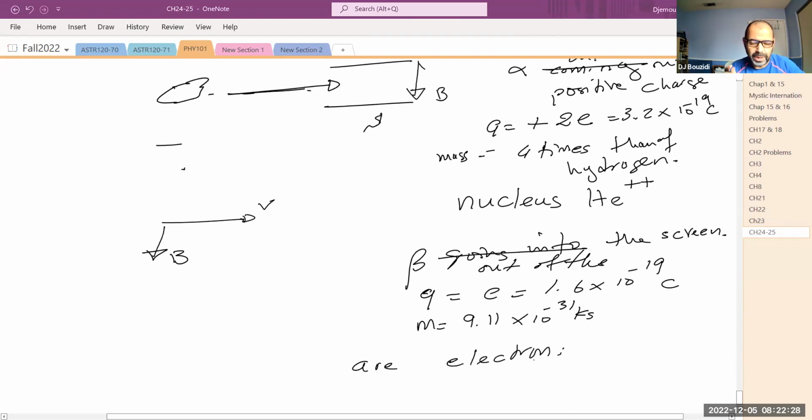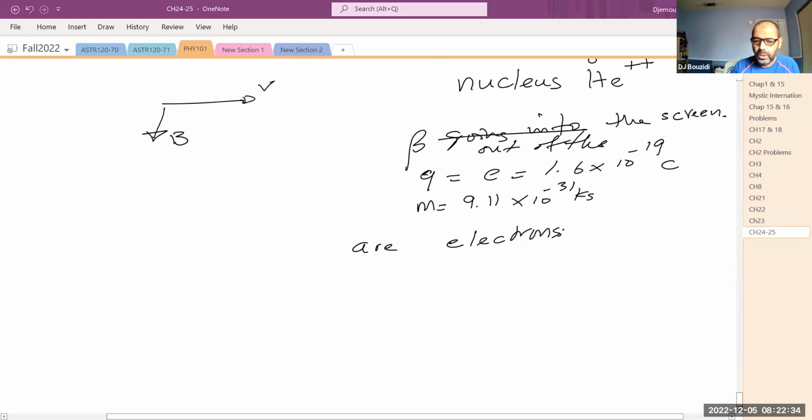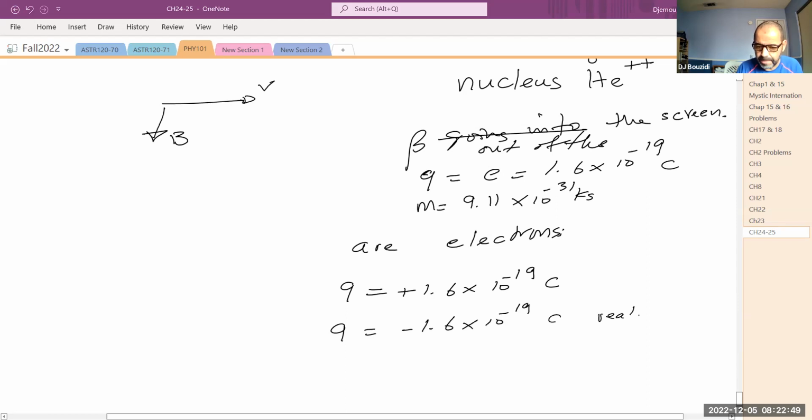There are 2 types of beta particles, though. Those that come with a positive 1.6 times 10 to the negative 19, and these are weird, honestly. And the regular ones, those that come with a negative charge. So these are actually real electrons.